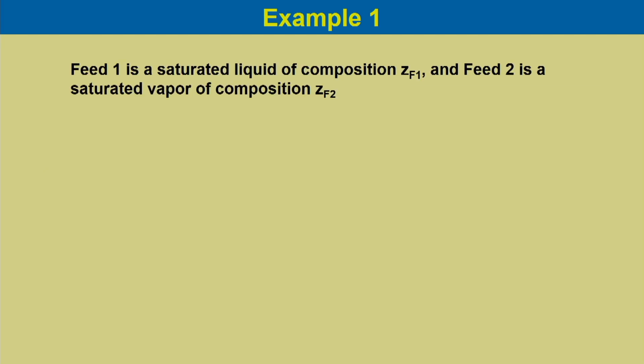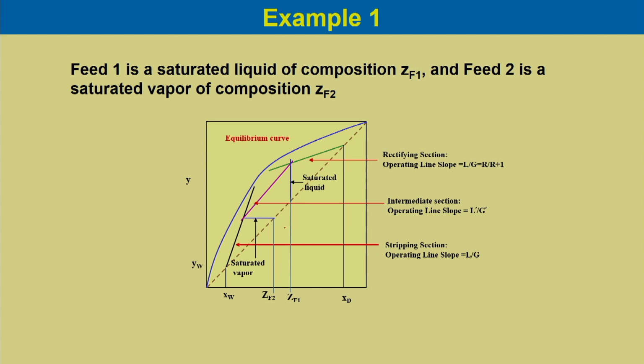Now, let us consider feed 1 is a saturated liquid of composition ZF1, and feed 2 is a saturated vapor of composition ZF2. As we have discussed before, we know the rectifying section operating line, which is the balance equation for the rectifying section above the feed 1 entry, and we know the stripping section operating line equation, its slope and intercept, and now we know the feed condition.